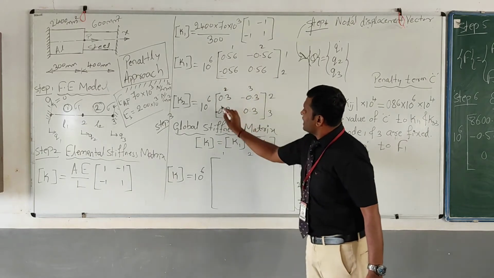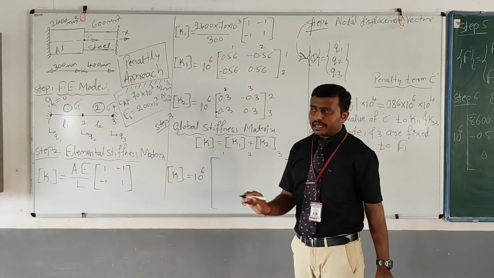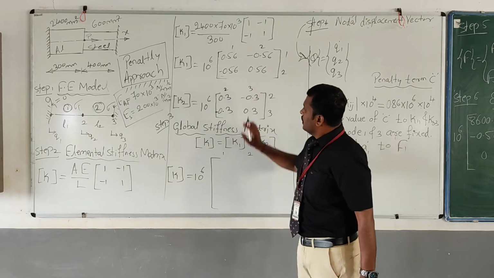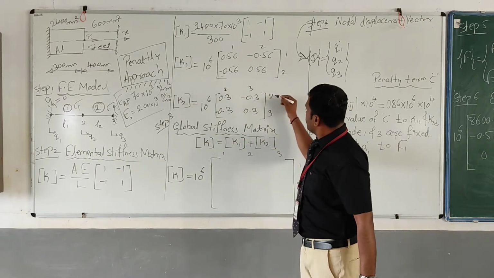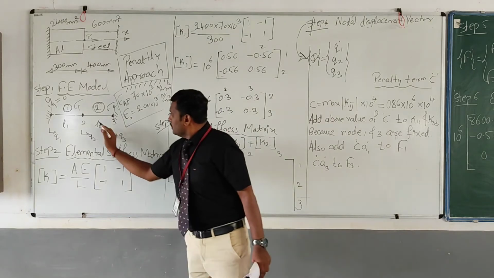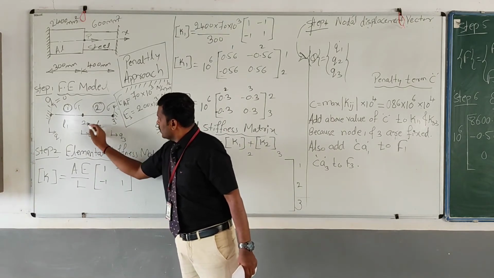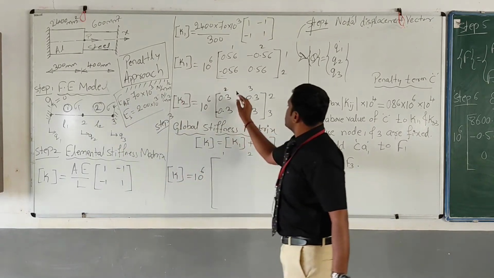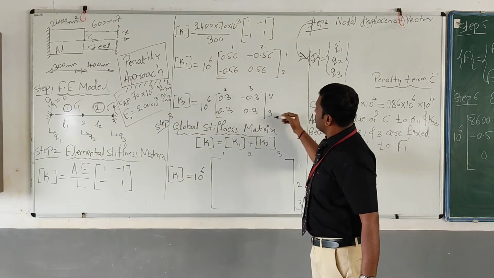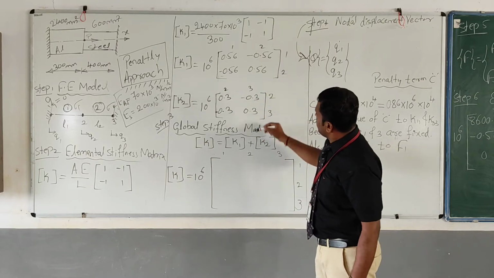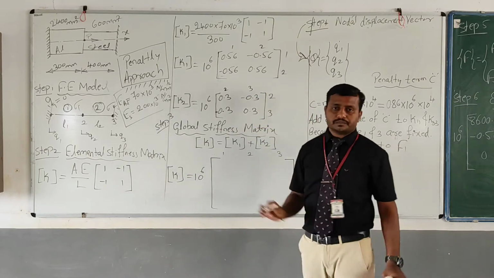We get this as the matrix here. Again, we have to give the numbers 2 and 3, row 2, row 3. Look at the diagram. For element number 2, nodes are 2 and 3. Initial node is 2, final node is 3. So that is the reason 2, 3. This is column 2, column 3, row 2, row 3.